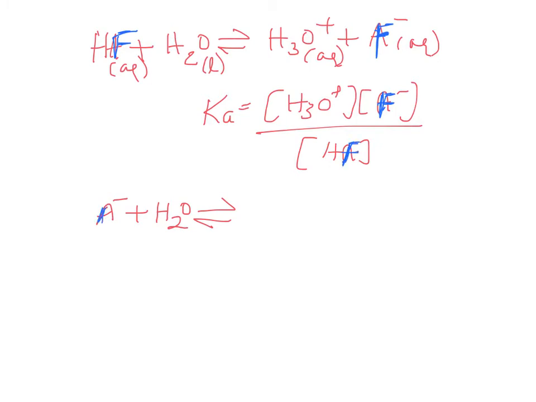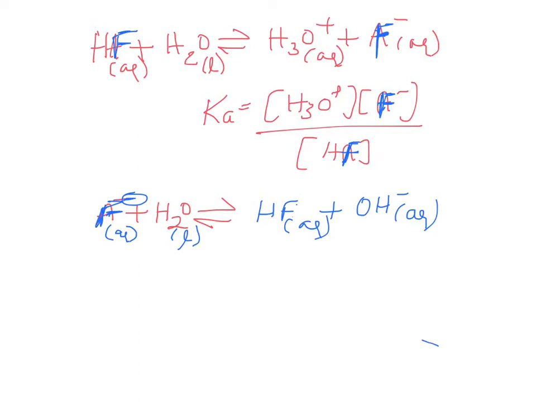What I'm saying right now is that this F minus is going to abstract that proton off from water. So it's going to give me HF plus OH negative, and this is all aqueous again. So what we are saying is that we have hydrolyzed the H2O. We have just broken that molecule apart. And for that case, you can write down the Kb.